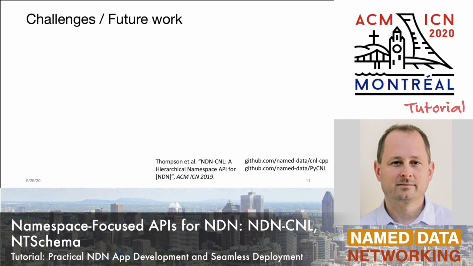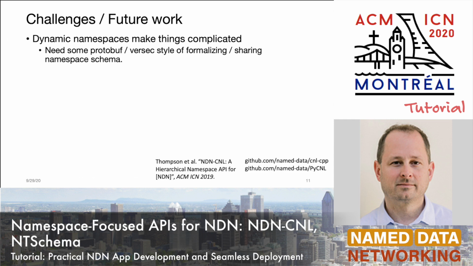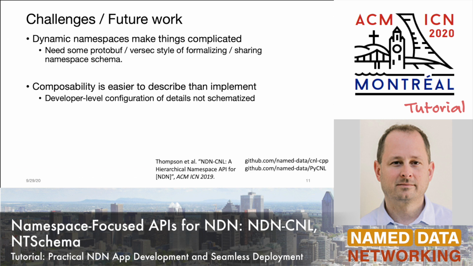But one of the significant challenges is that by working with arbitrarily structured namespaces, we need some way of formalizing and schematizing the namespace, the fetching patterns and handlers that should be used for a given namespace. It's easier to describe the composability than to implement it when there are different interactions across the components.